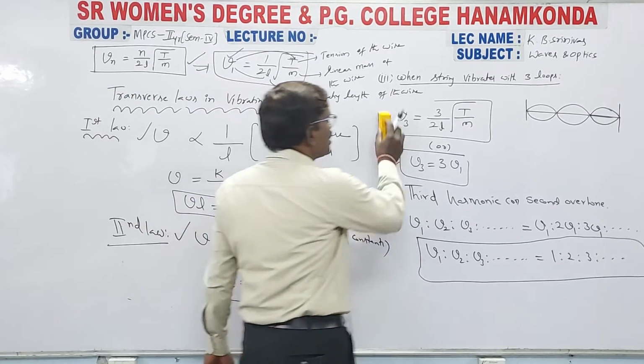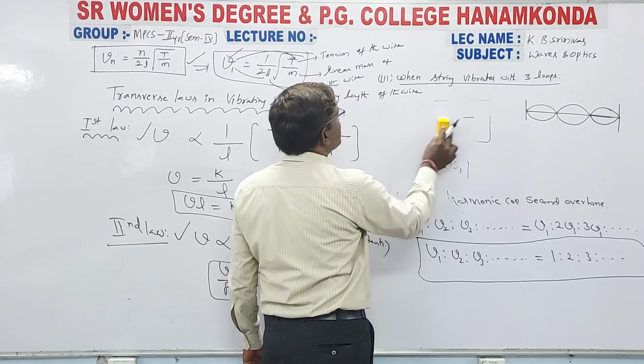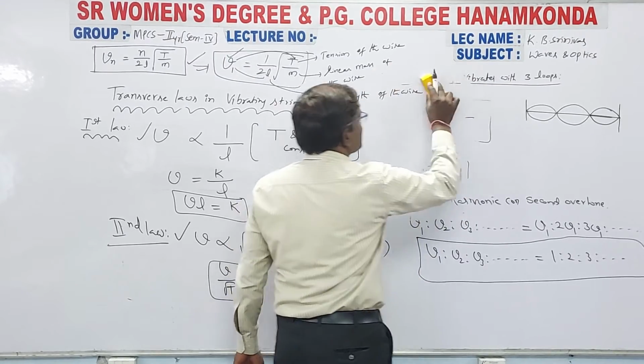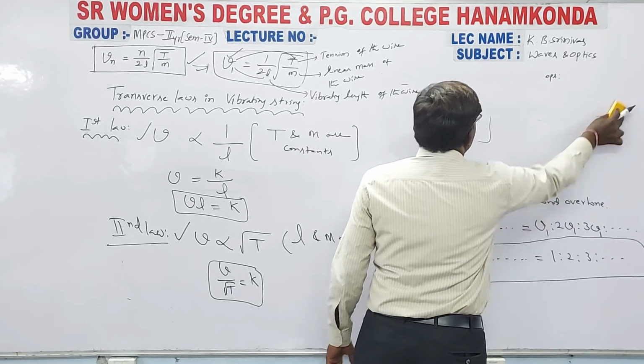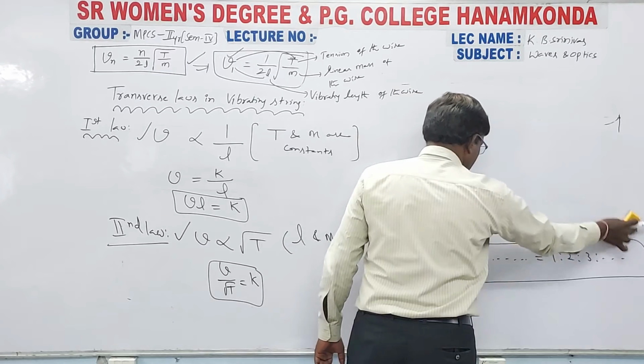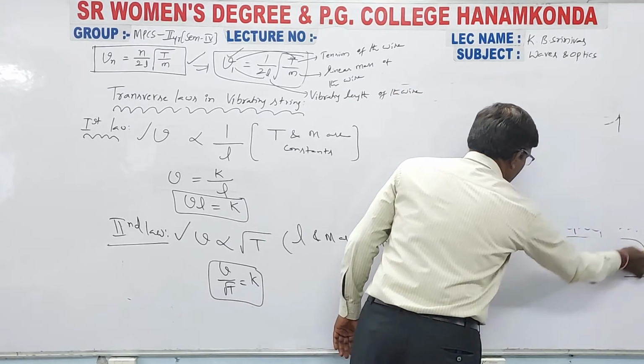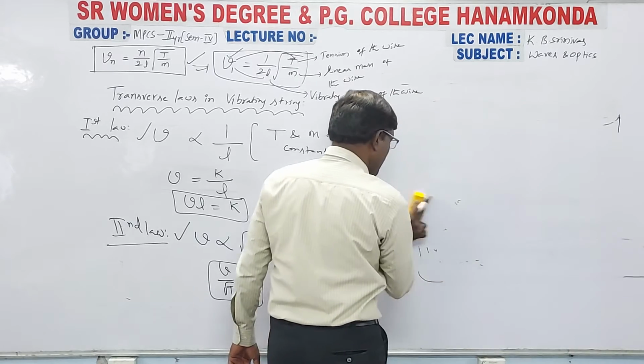Coming to the last law in the vibrating string, that is the relationship between the frequency of the wire and linear mass density of the wire. What is the relationship between the frequency and linear mass density of the wire?